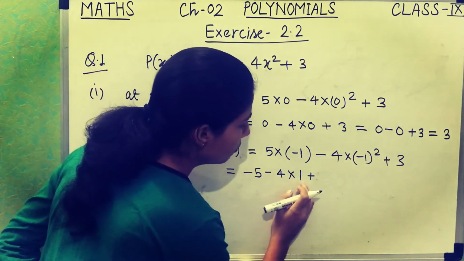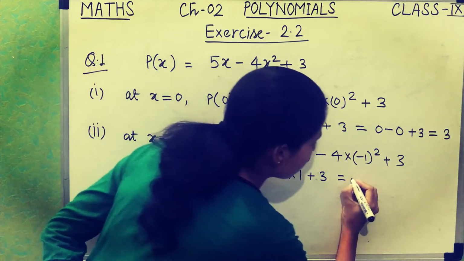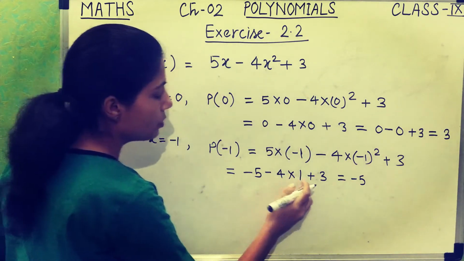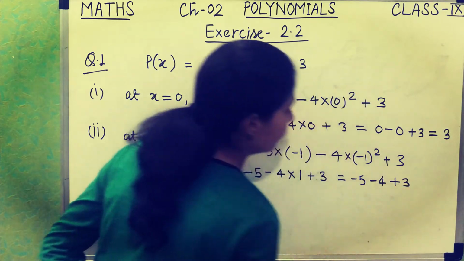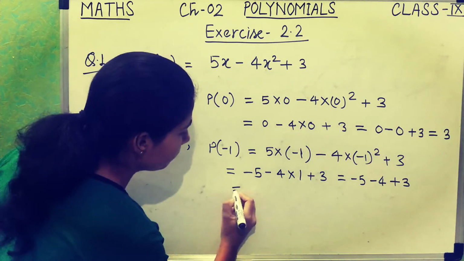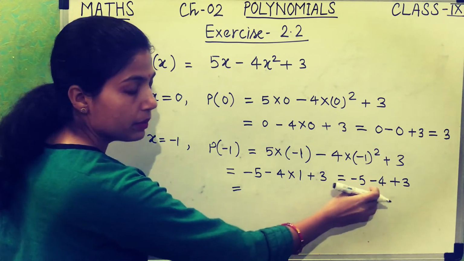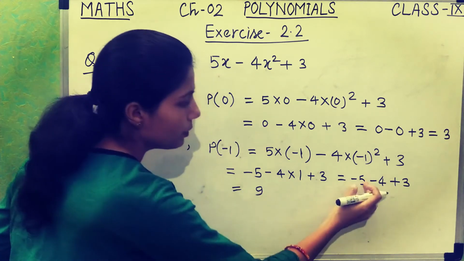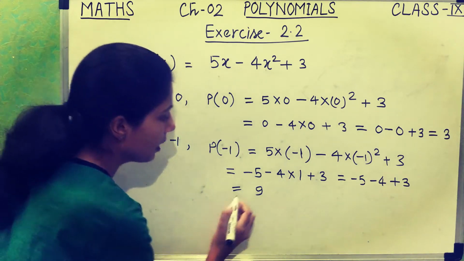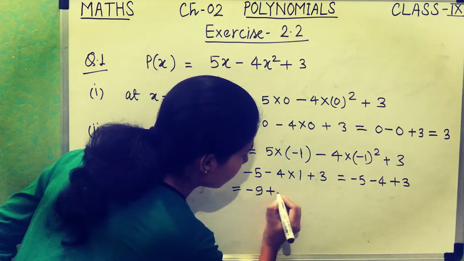So 4 into 1 is 4, minus 4, plus 3. Now minus 5 minus 4 will add up. 5 plus 4 is 9 and the sign will be of the greater number, that is 5 here, so minus 9. So minus 9 plus 3.